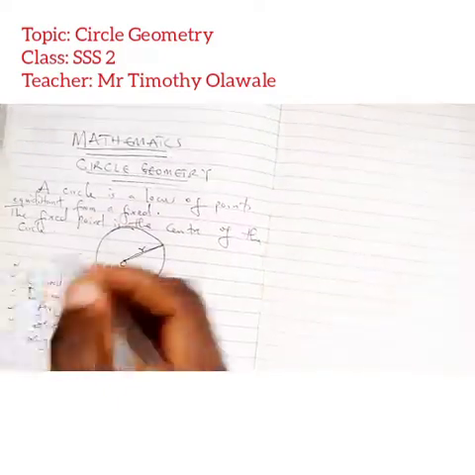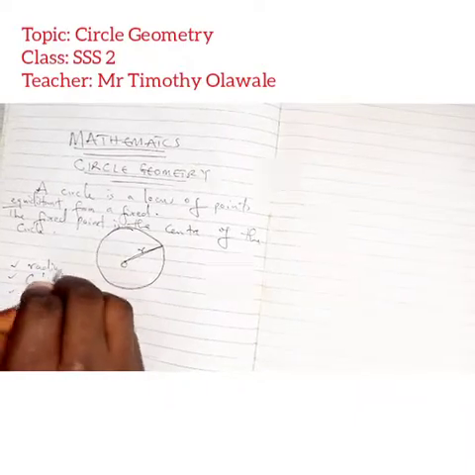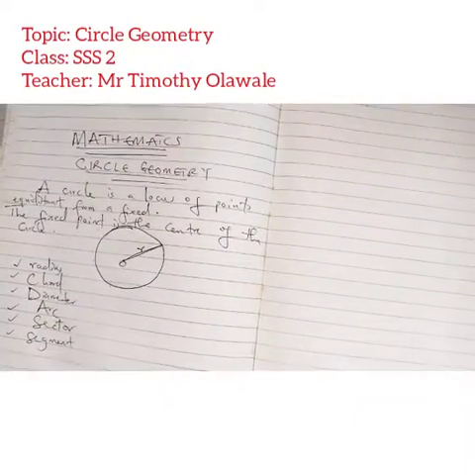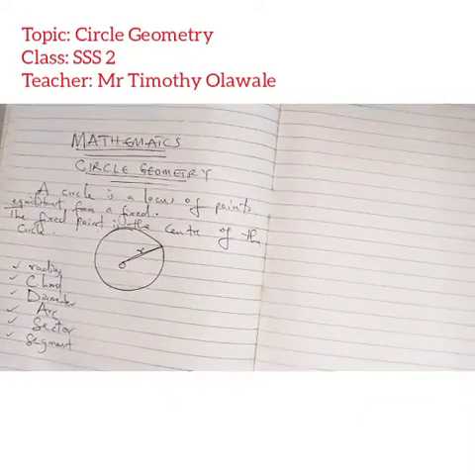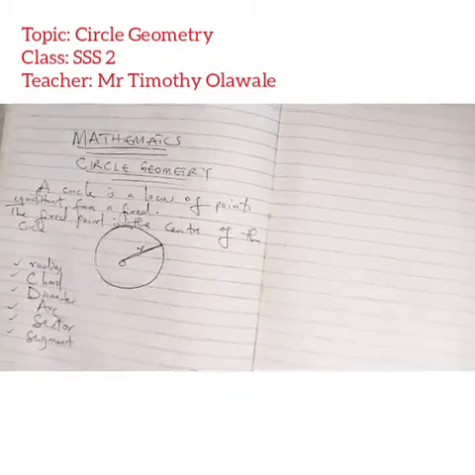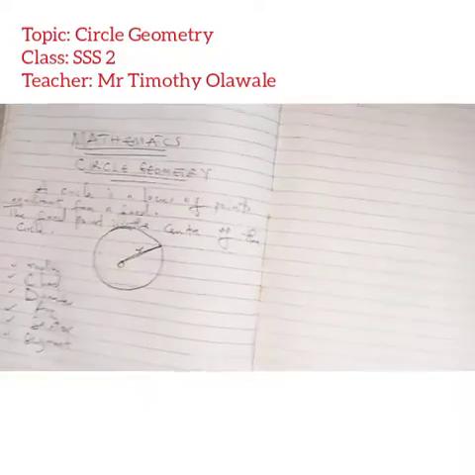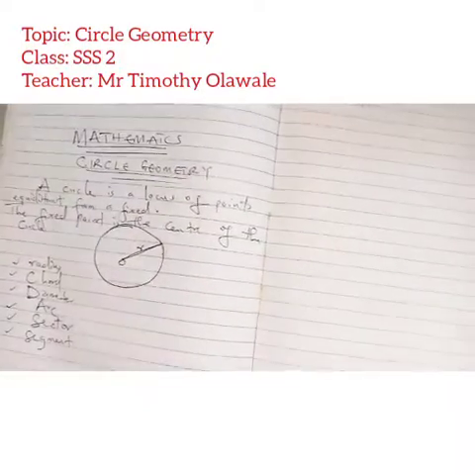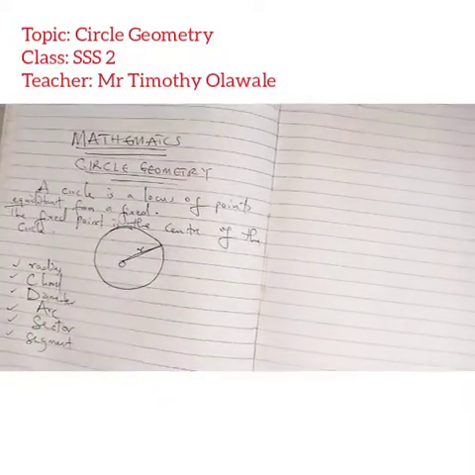And of course, first we have to talk about radius. Radius, chord, diameter, arc, sector, segment. These are important terms that we're going to be using from time to time as we go into the study of theorems. So you have to be familiar with them.